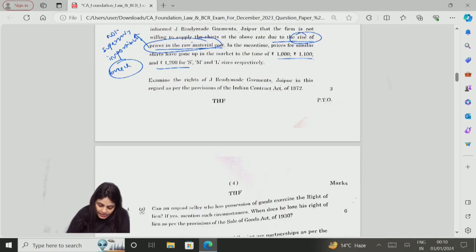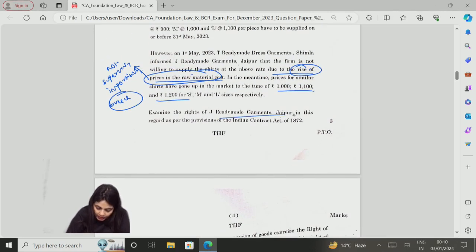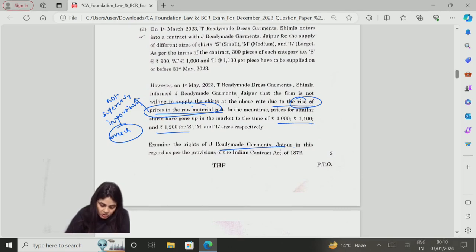Yes. Examine the rights of J Ready-Made Garments Jaipur in this regard. They can claim damages for the small shirts, 1000 minus 900, which is 100 rupees. For the medium shirts, again 100 rupees, 1100 minus 1000. Then for the large shirts, 1200 minus 1100, that is again 100 rupees per shirt, into 300 we can claim.